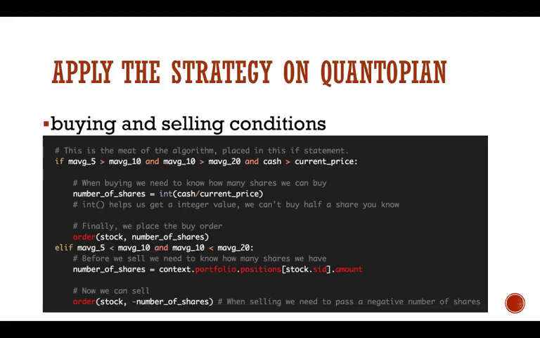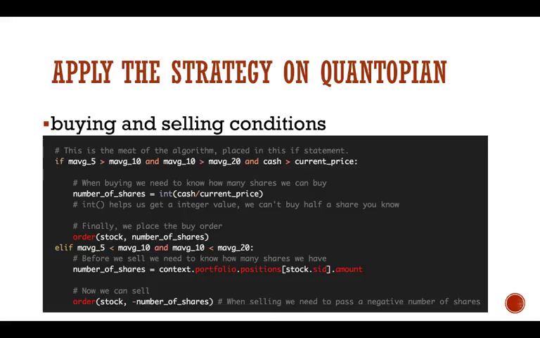Look at the code. If the 5 days moving average line is greater than the 10 days moving average line, and the 10 days moving average line is greater than the 20 days moving average line, that means the stock has a great probability to go up.